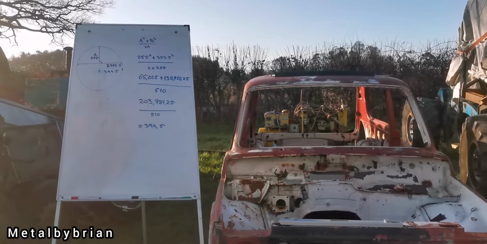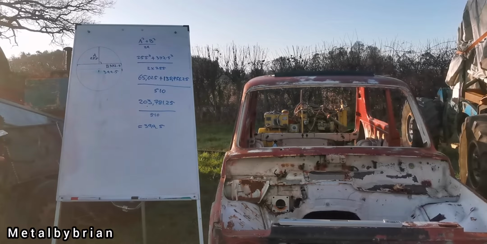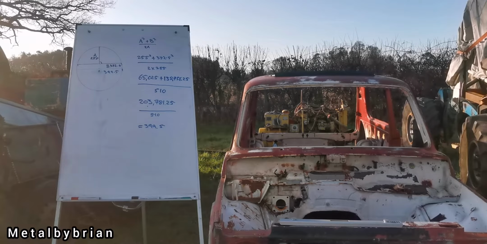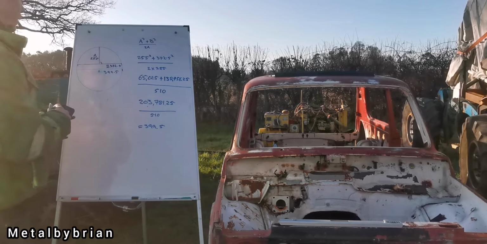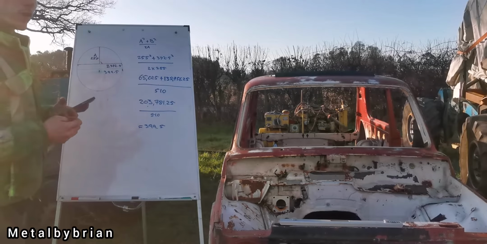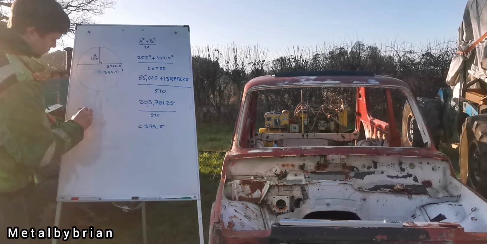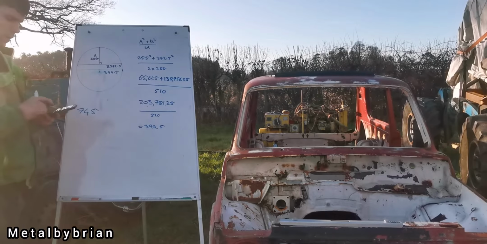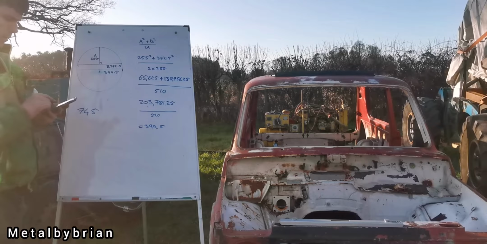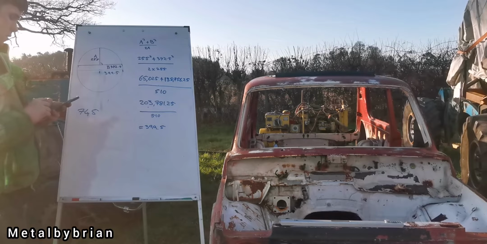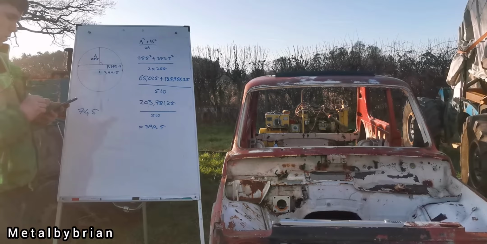Okay, so our radius, so we started out with 745. So we'll take our radius, which is 399.5, and multiply it by 2.